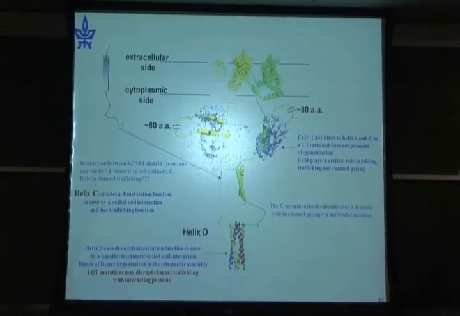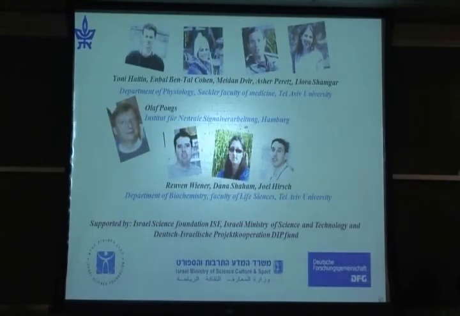This is the equivalent of the T1 tetramerization domain of Shaker channel. Interestingly, mutation in this helix D are also affecting channel trafficking. So these two coil-coil domains, helix C and D, have very important function, not only for assembly, but also for trafficking.